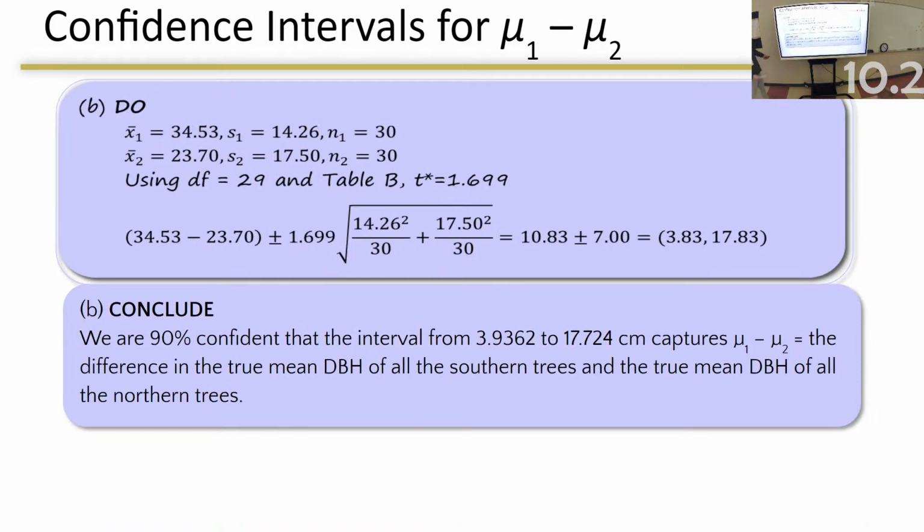And then here's where they didn't write the formula, but they just told me x-bar 1, x-bar 2, S1, S2, N1, N2, using DF of 29. There's the t critical value. I hope their interval is different than ours. Oh, they flip-flopped everything. But those are different values, right? Because they use 29.